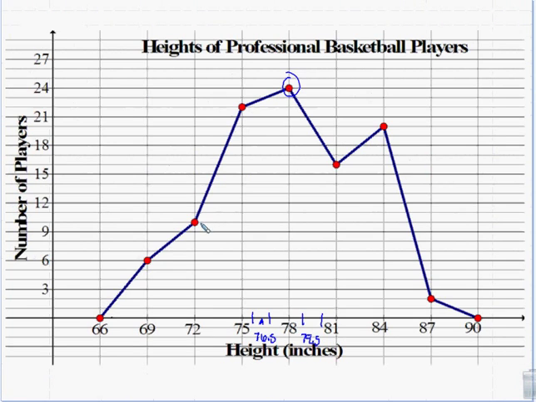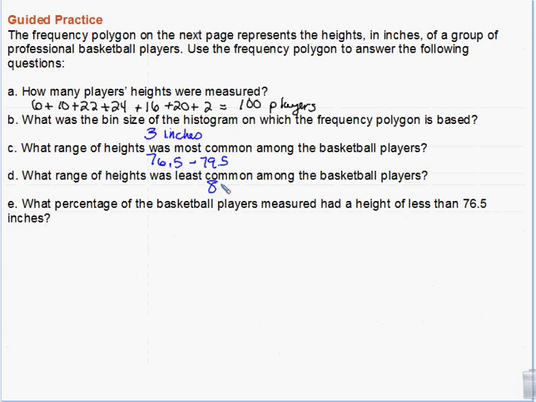Whoops, wrong direction. Okay, we can't count the zeros, right? Because those get added on at the end. So this height right here is the least. So yeah, we have 85 and a half and 88 and a half, which is really tall.